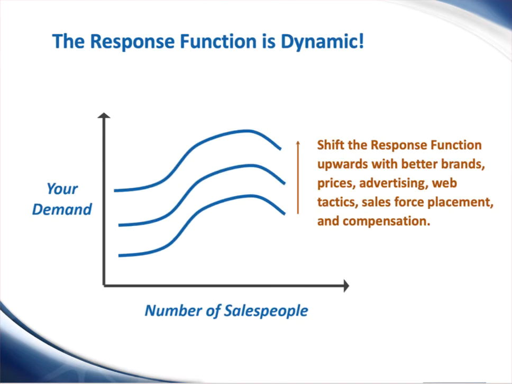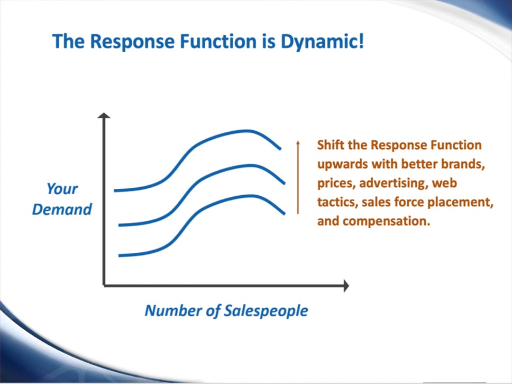Be careful though. The response function for salespeople is dynamic, as it is also for advertisements. Because we are developing the market over the next 7 quarters, the number of salespeople that you have to create enough demand in a growing market is going to increase.